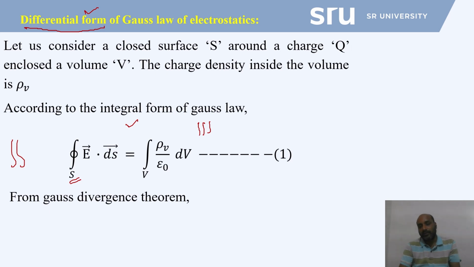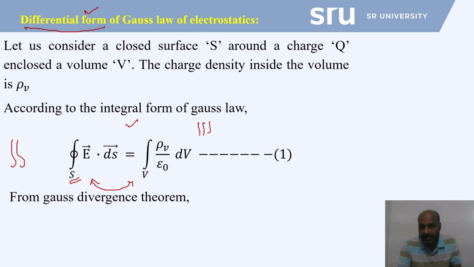In order to convert a surface integral to a volume integral or a volume integral to a surface integral, generally the Gauss divergence theorem is used. So the significance of the Gauss divergence theorem is that you can convert a surface to a volume integral or a volume to a surface integral.